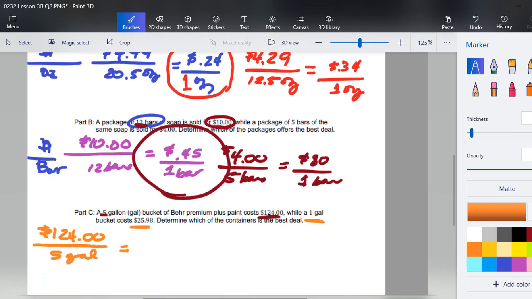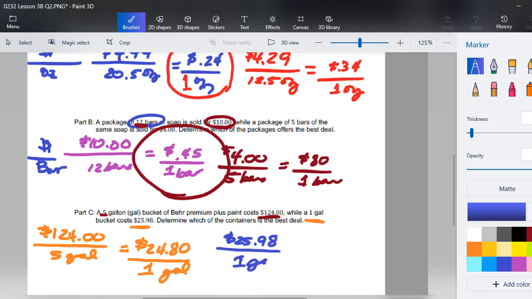We're going to do the division and get $124 divided by 5, and we're getting that it's $24.80 for every 1 gallon. The nice thing is the next one's already done because it says the other item is $25.98 for every 1 gallon.